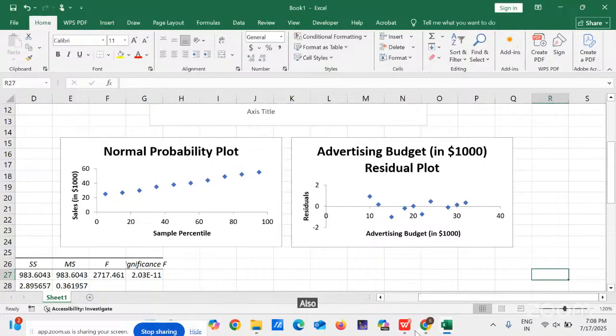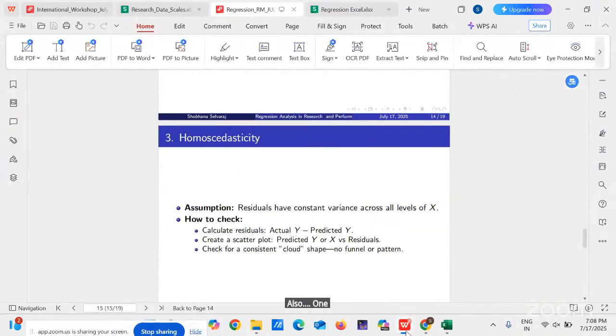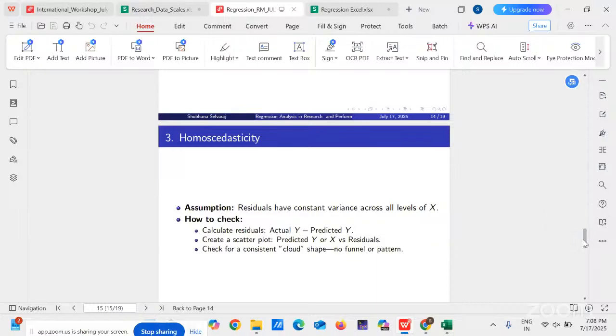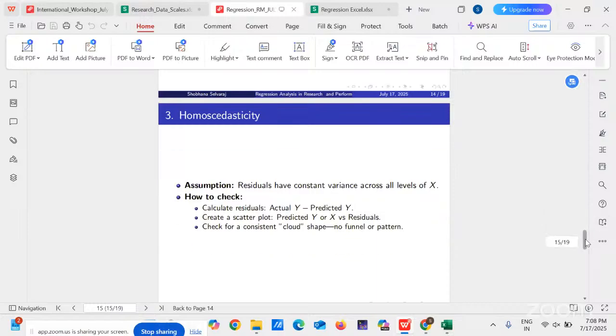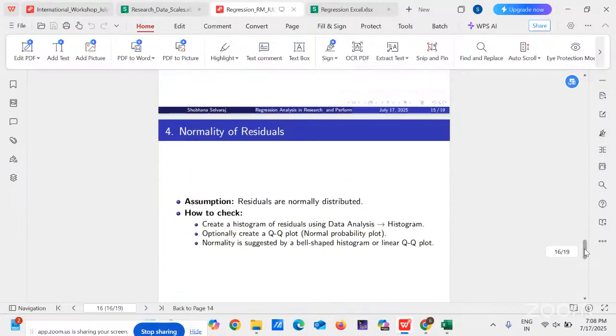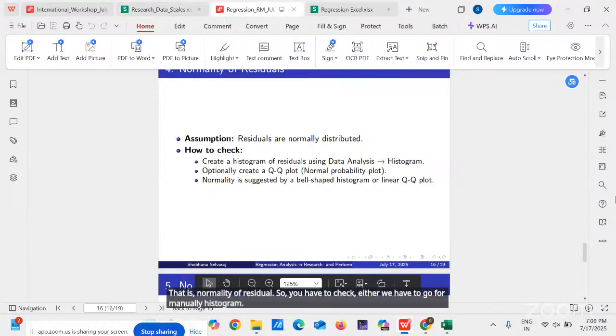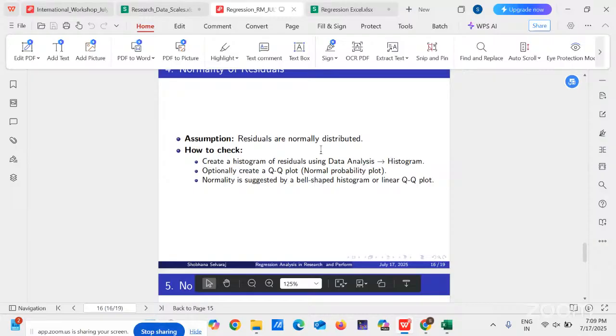Also, one more, that is normality of residual. So here to check, either we have to go for manually histogram or QQ plot. So here the normal probability plot is the name which is in Excel.